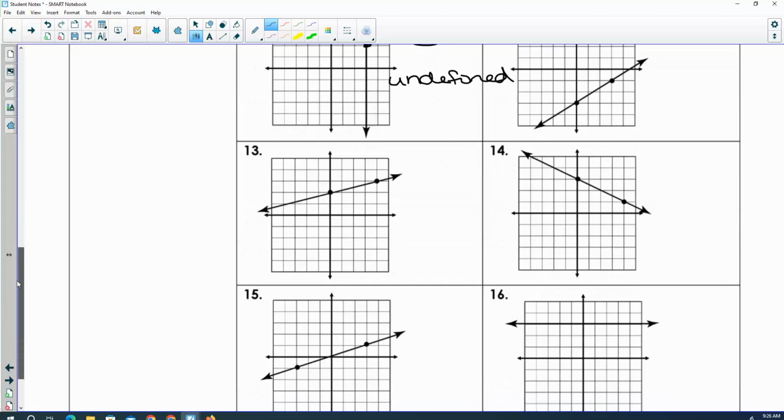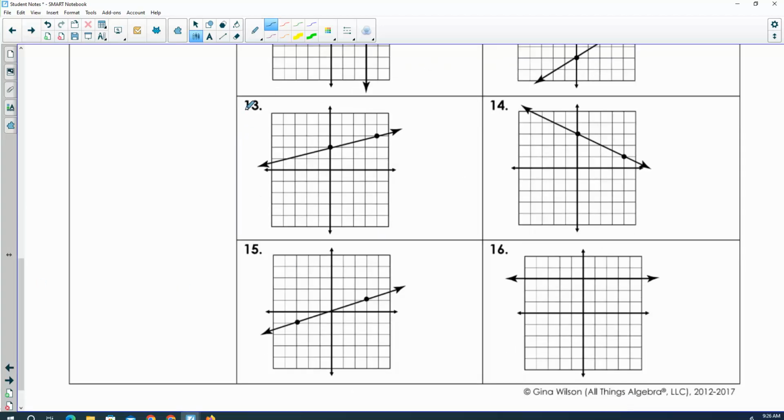Alright, you guys do 13 and 15. Actually, don't do 15. Do 13 and 14 for me. So 13, our rise is 1, run is 4, so 1/4. 14, so if I start here, we have to go down 2 over 1, 2, 3, 4.